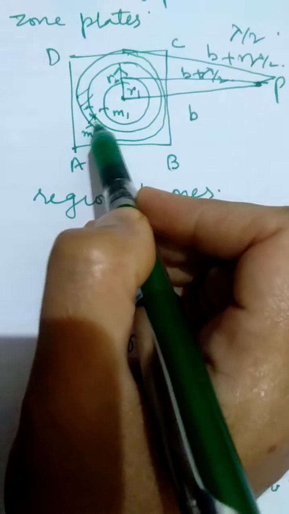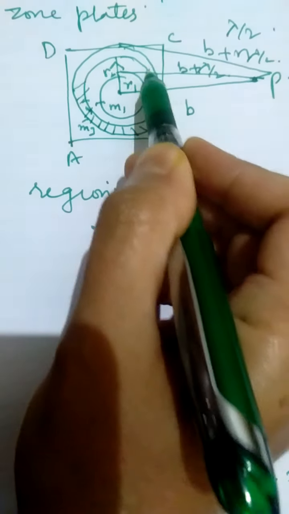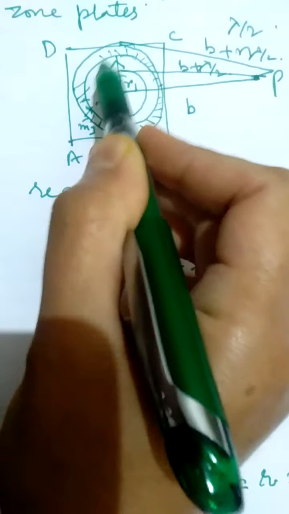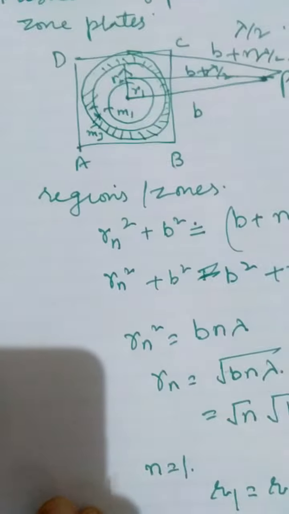Next, we intend to find the area enclosed by each zone. Suppose we find the area enclosed by the nth zone. How can we find that? It will be the area of the nth circle minus the area of the n minus 1th circle.